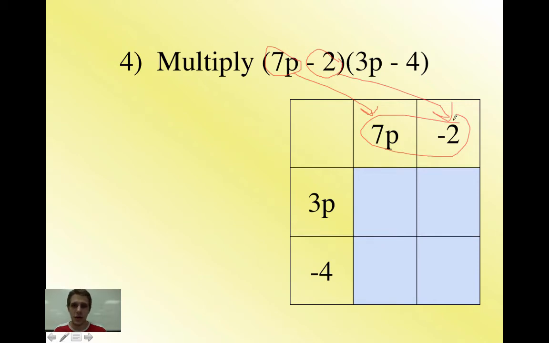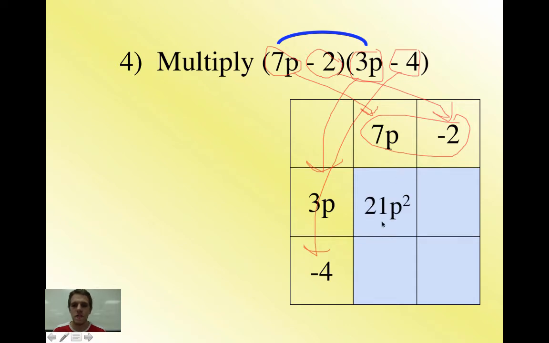We're just splitting up each term to have its own column. This second parentheses, we're going to split this to each have their own row. So 3p, and then that minus 4 will go on the bottom. So when we combine these, 3p minus 4, you still get the same thing. Again, we're just splitting up each term to have its own little box.